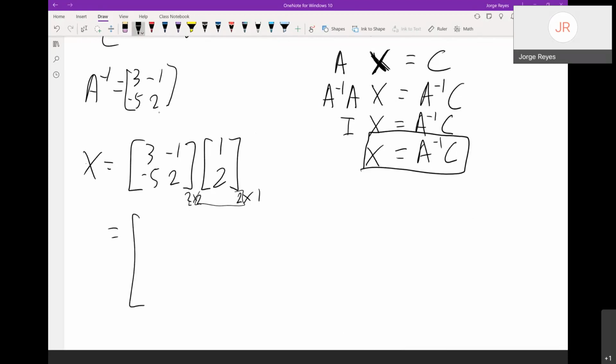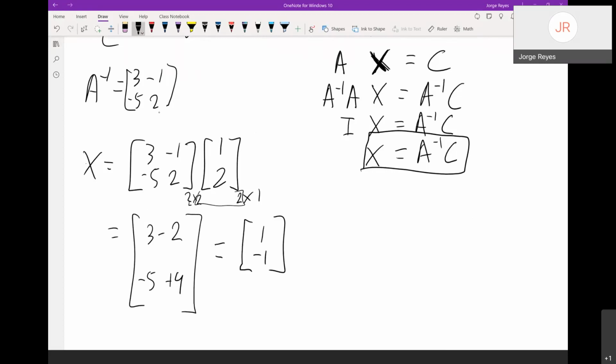So you're going to get 3 minus 2, and you're going to get negative 5 plus 4. So the answer is going to be 1, negative 1.